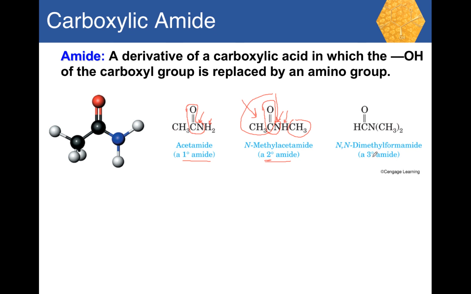And here's another one, N,N-dimethylformamide, very common solvent in organic chemistry. And notice it's an amide again because of right here. It's tertiary because this nitrogen here is bonded to 2 methyl groups and a third group back here, so therefore that nitrogen has 3 bonds to it that are not hydrogens, so therefore it becomes a tertiary and an amide because of the amide functionality.